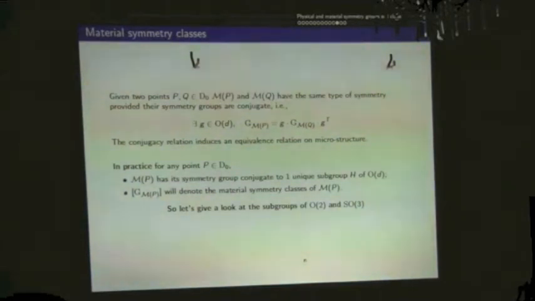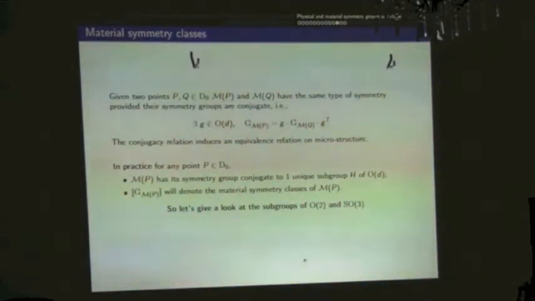And what is interesting is that being in the same class of symmetry is an equivalence relation. So it means that you must be in one class of symmetry, you cannot be in two classes of symmetry, and you can classify all your symmetry groups into different types.